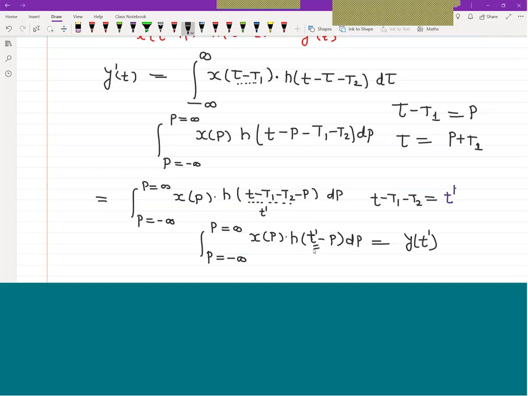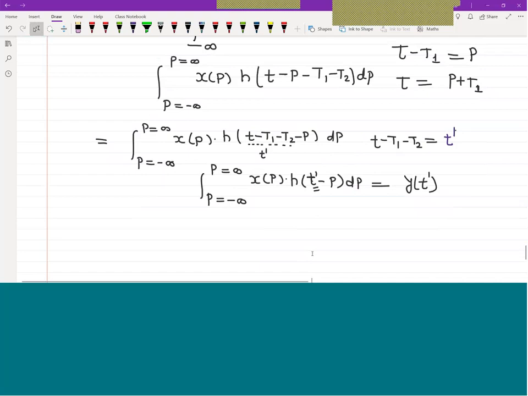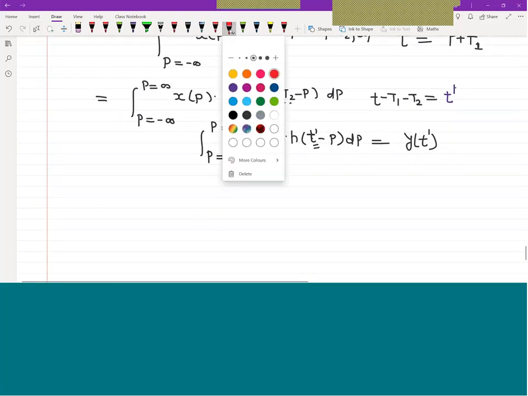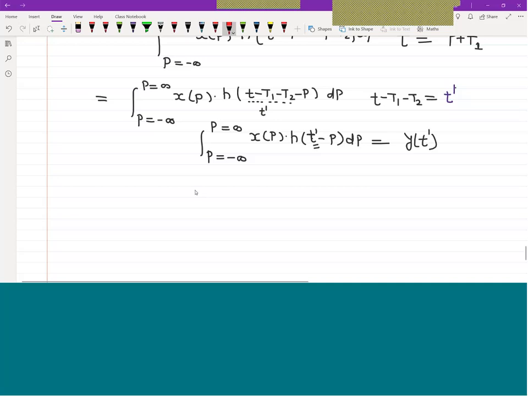Whatever the function is here, the function is y. So t prime can be written as t minus t1 minus t2.